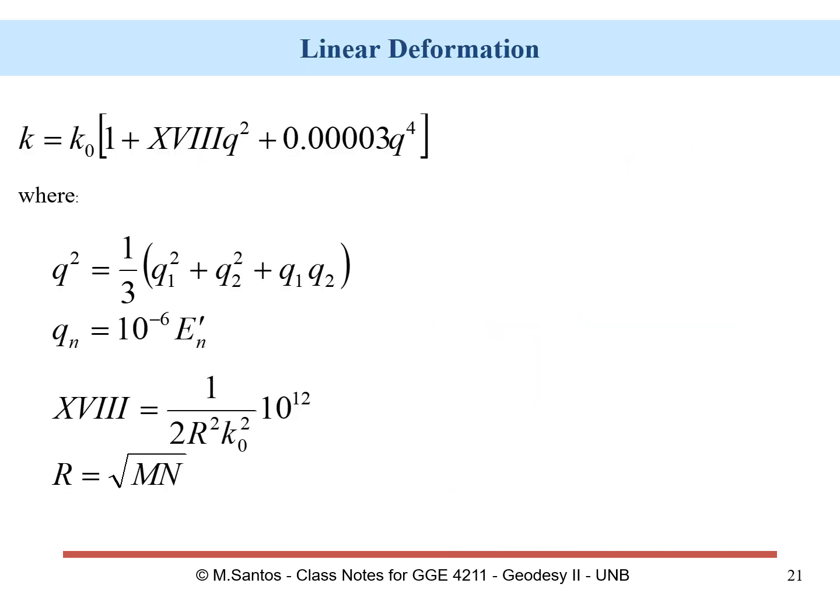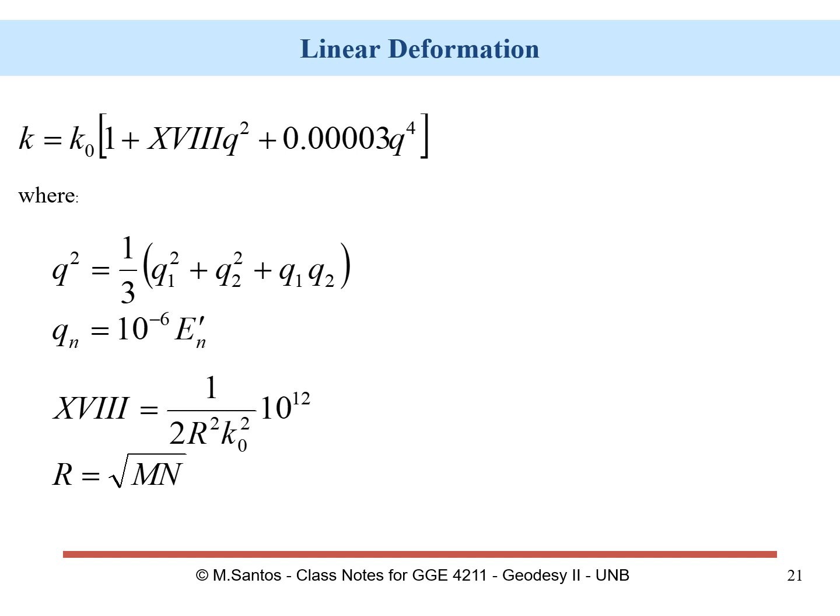The linear deformation can be computed very accurately with the equation that is presented. In this equation, we have the k sub 0, the constant. We have this term 18 in Roman numerals, which corresponds to 10 to the power of 12 divided by 2 times R squared k0 squared, where R here means the radius of curvature following the Gaussian definition.